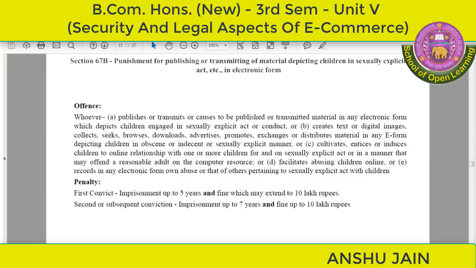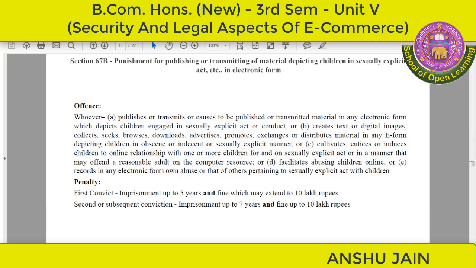Now it is specifically mentioning the same situation, especially where children are being involved. So the offense is that any person who publishes or transmits or causes to be published or transmitted material in any electronic form which depicts children engaged in sexually explicit act or conduct.